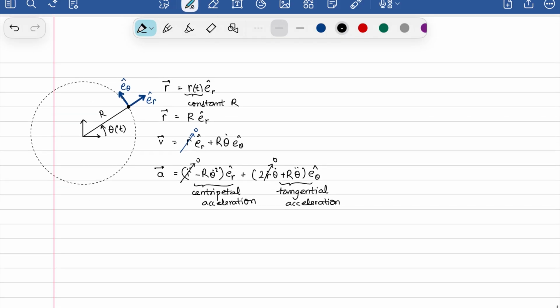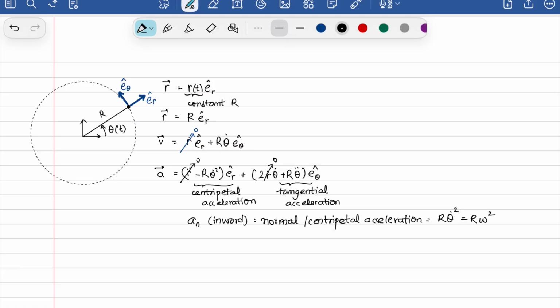So if I were to write this as just a magnitude, then a_n, the normal or centripetal acceleration's magnitude, which is inward, is R theta dot squared, or you can write it as R omega squared.